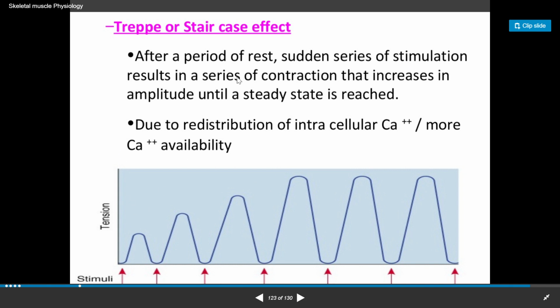After giving a series of stimulation, it will result in a sustained contraction, and the steady state will be reached. If you give the same series of stimulation for a longer time, it will reach a sustained contraction, or you can call it fusion. That is called the treppe or staircase effect.